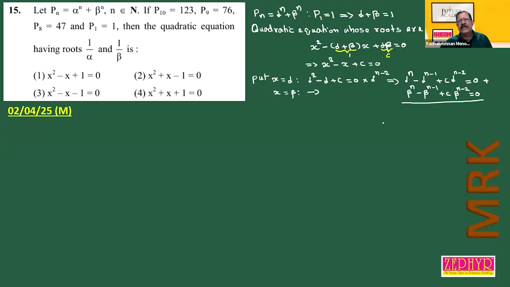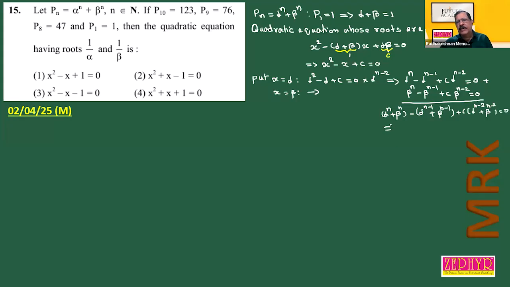You need an equation in P. You are getting alpha raised to n plus beta raised to n minus alpha raised to n minus 1 plus beta raised to n minus 1 plus C into alpha raised to n minus 2 plus beta raised to n minus 2 equal to 0.